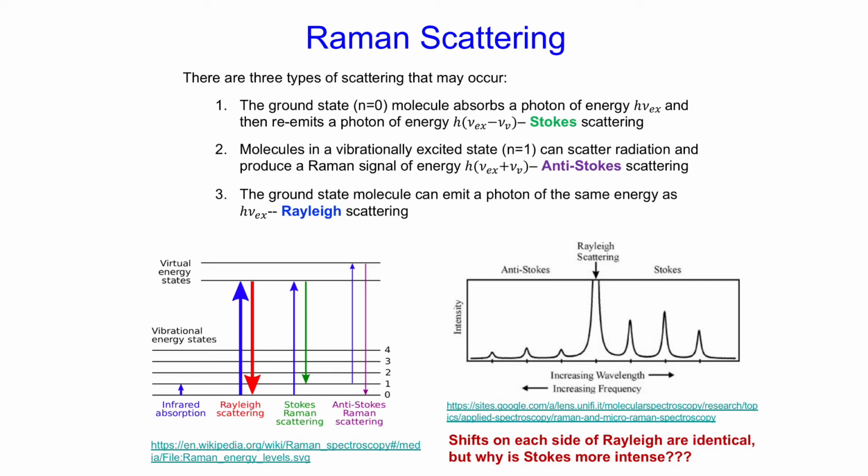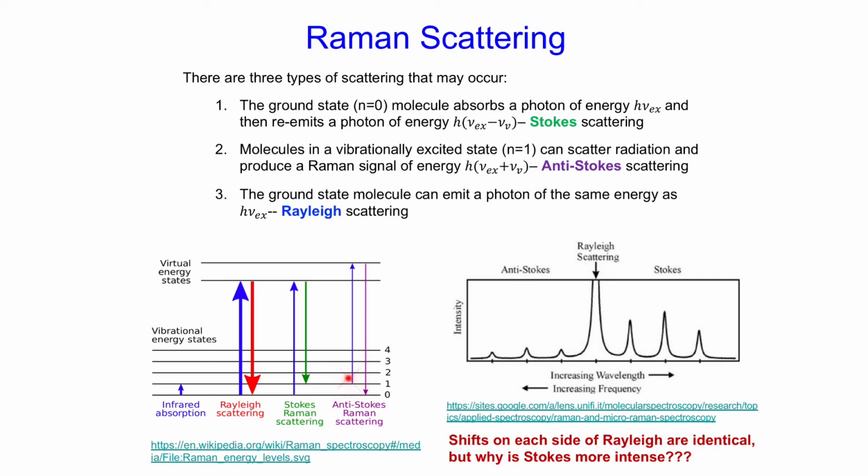Okay, hopefully you actually took me up on that offer to pause the video and think about that for a minute, and hopefully you recognize that for your anti-Stokes transitions, you're starting at this excited vibrational level. And based on what we've already discussed for our Boltzmann population distribution, we know that that excited energy level is much less populated under normal conditions than our ground state.